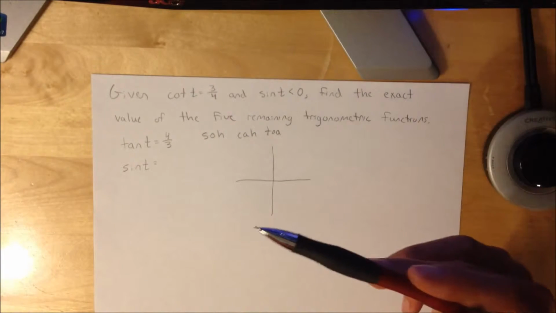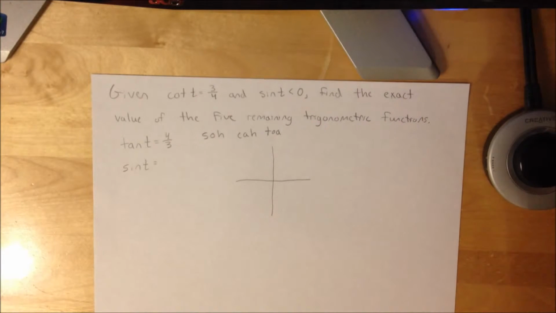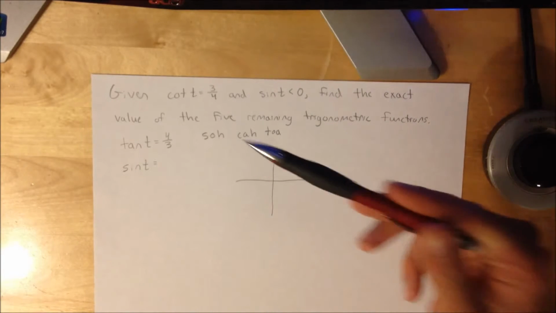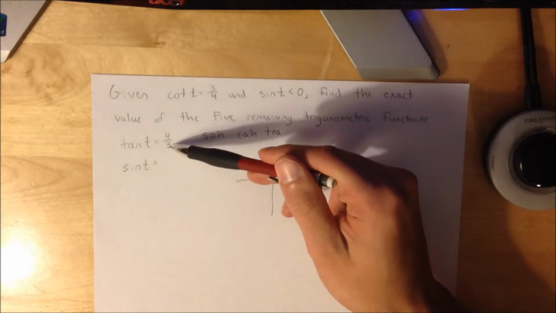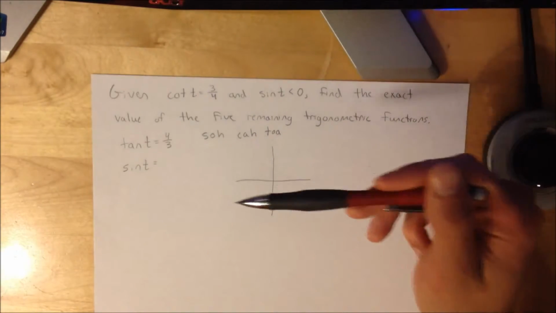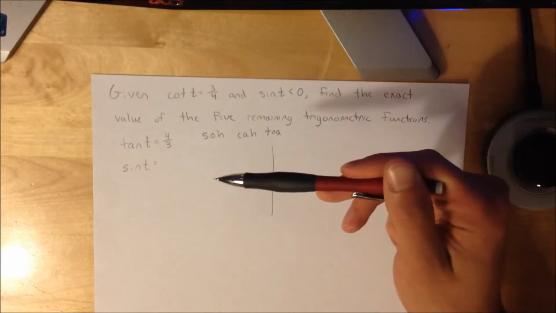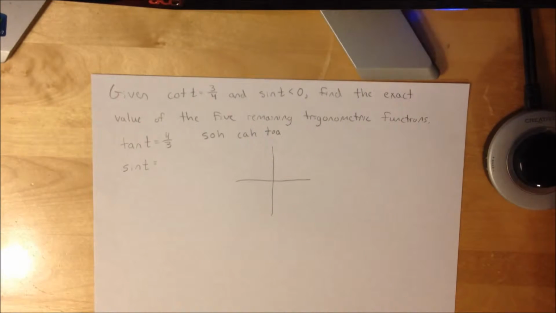So, therefore, the outside has to be negative, but because tangent is your outside over adjacent and tangent's positive, your adjacent's also going to have to be negative so that the outside negative and adjacent negative cancel out.